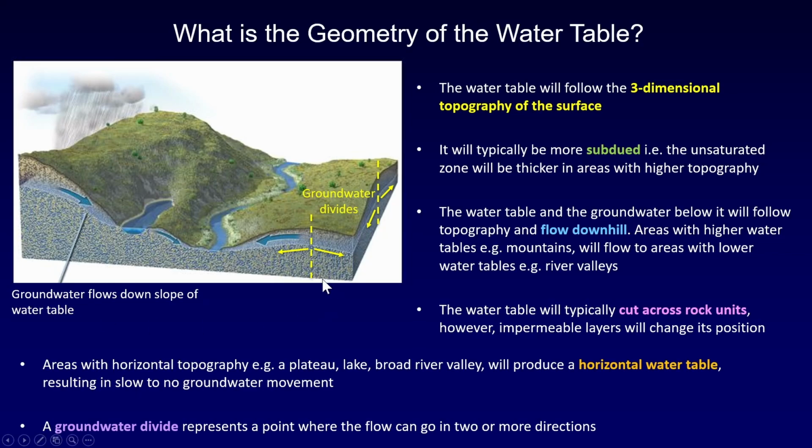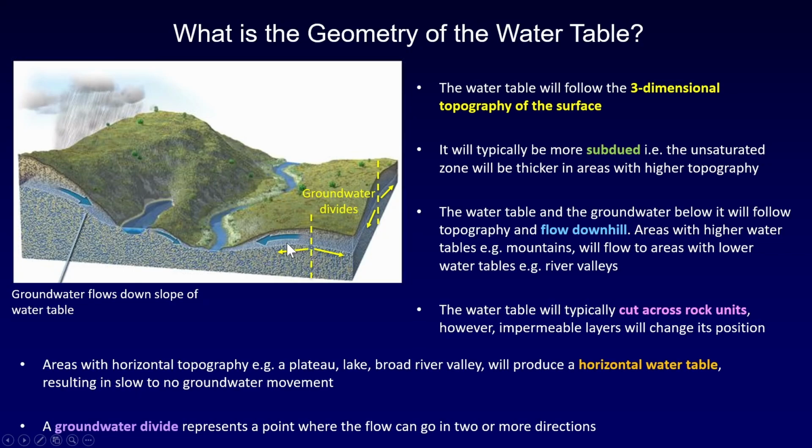Now, another thing that you'll notice here on the diagram is these two dashed yellow lines, which are marked as groundwater divides. These are just like the divides that separate river valleys. So you will see over here on the right, we have an area of elevated terrain. You can see this is the high point right here, and the terrain is going downhill towards the west, towards the left. Now, you will notice that if you have groundwater located here, it can go one of two ways.